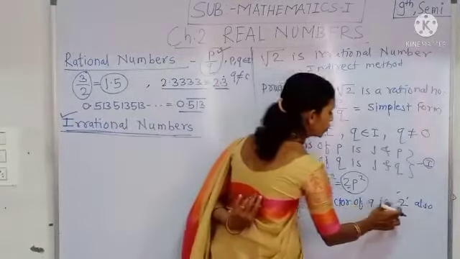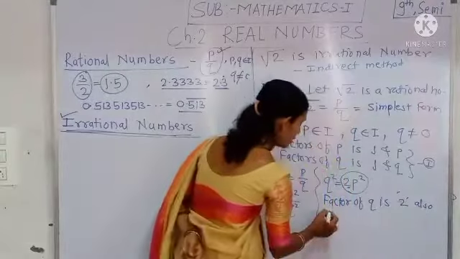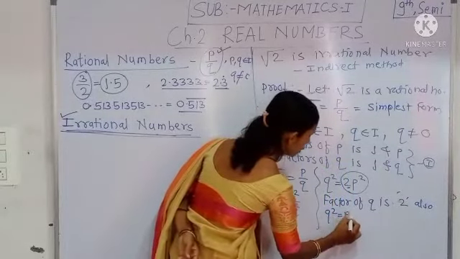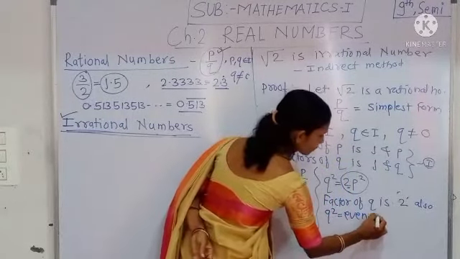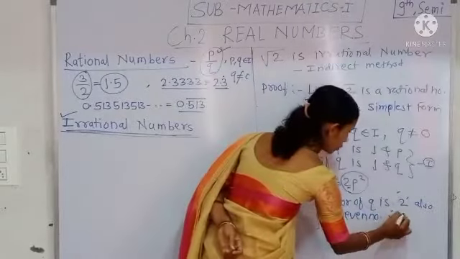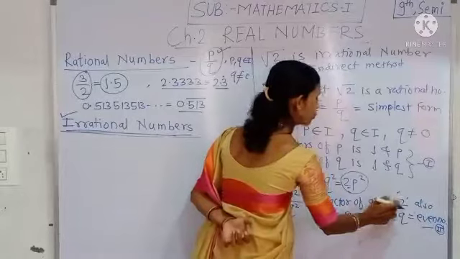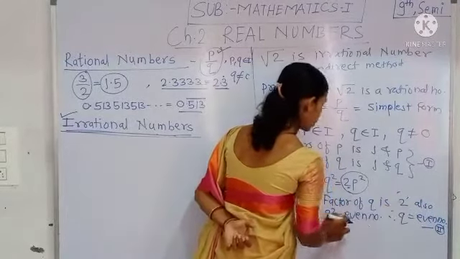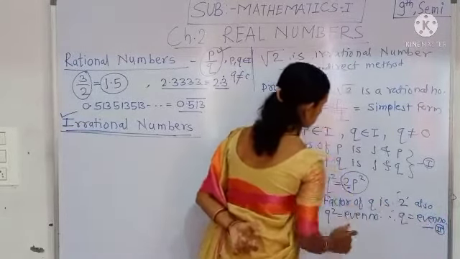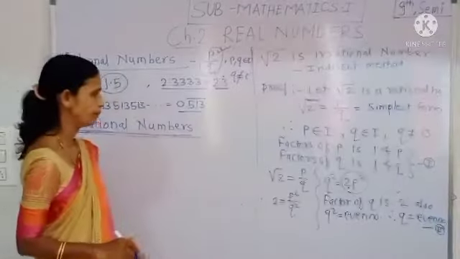Therefore, Q square is an even number, and therefore Q is also an even number. Factor of Q is 2 and Q is an even number. That is the second statement.